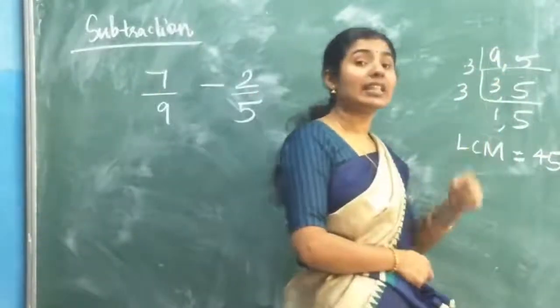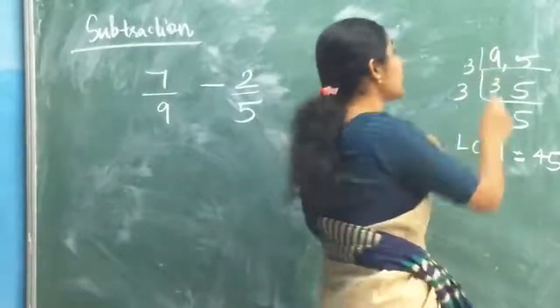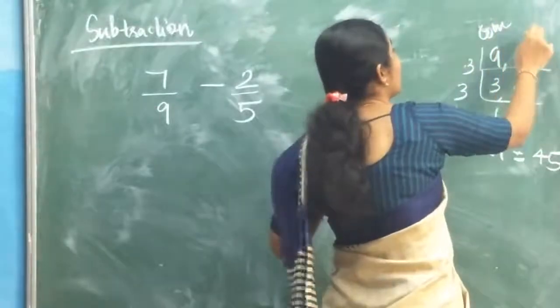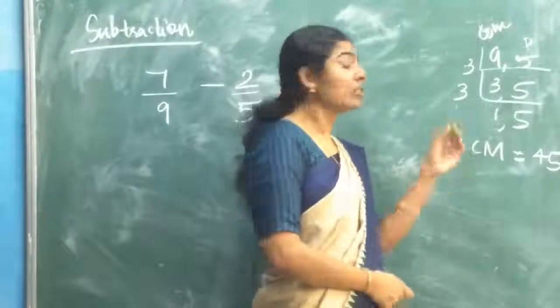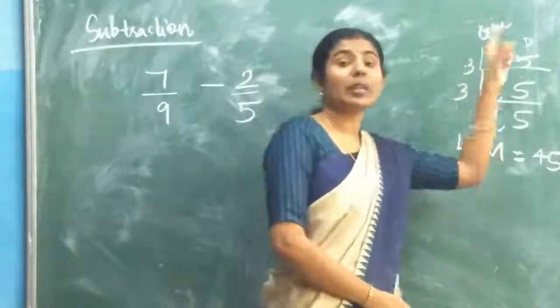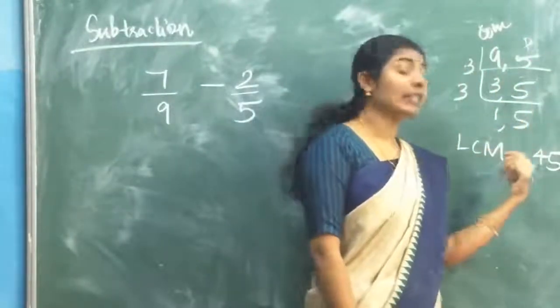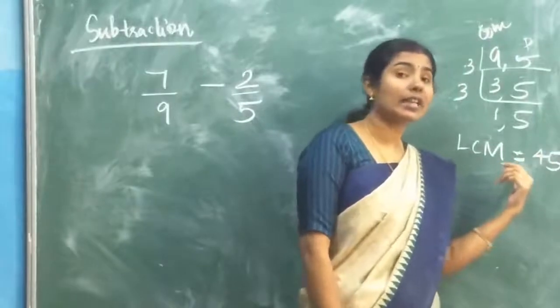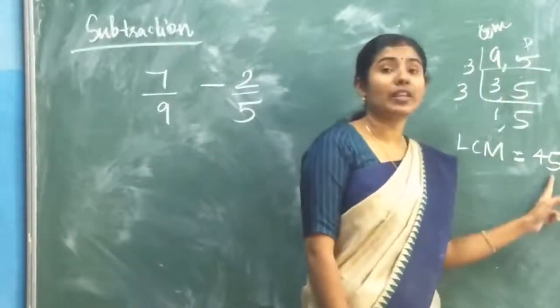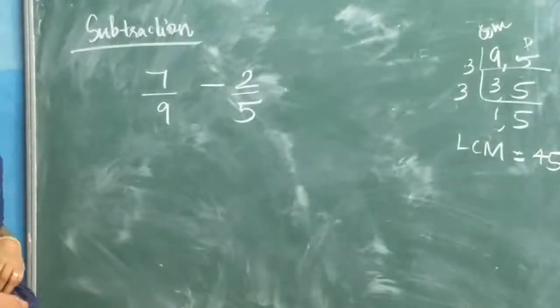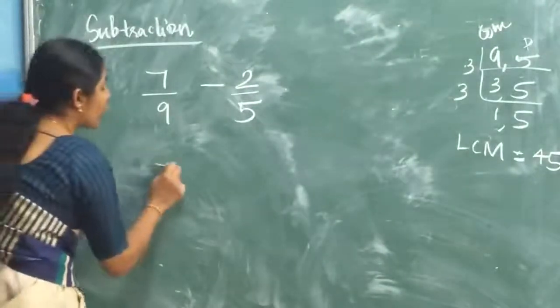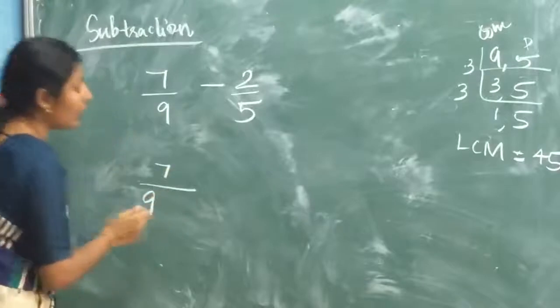Otherwise, directly you can say the answer. See, 9 is a composite number and 5 is a prime number. If one is a composite number and the other a prime number, its LCM is its product. 9 5s are 45. So the LCM is 45. Make the denominator 45.